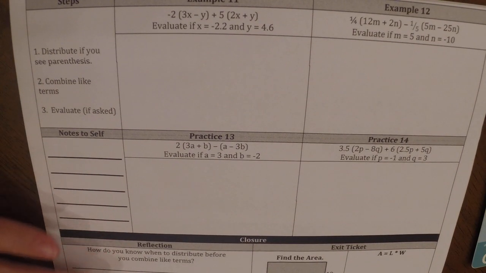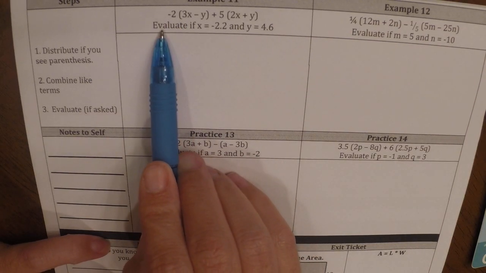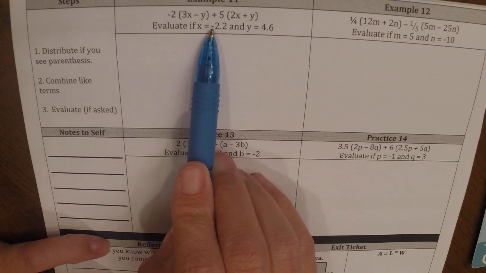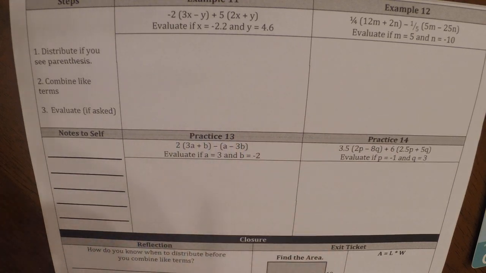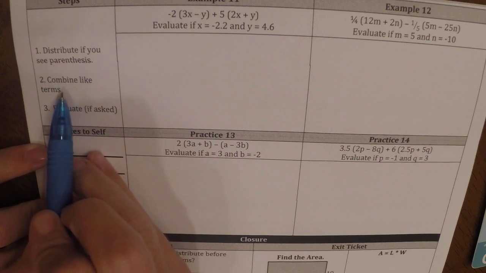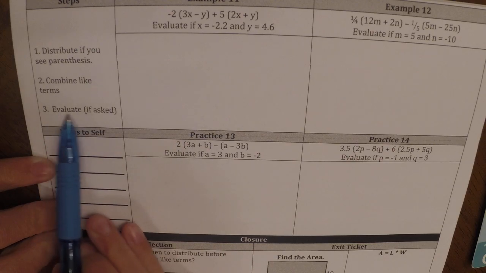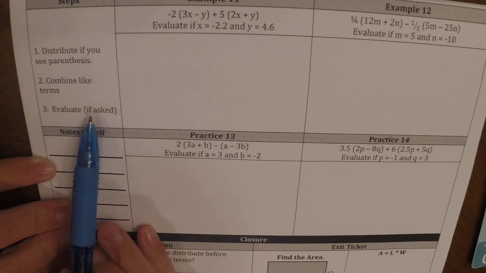So the only difference on 11 and 12 is that now it actually does say evaluate if x is negative 2.2 and y is 4.6. So we are still going to follow our steps, distribute if you see parentheses, combine like terms, but now we are going to evaluate because we've got that information.